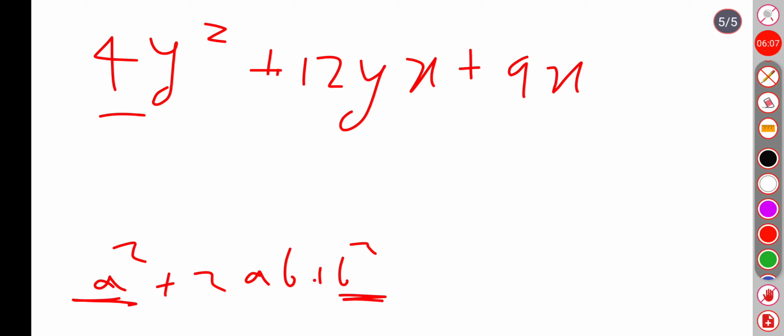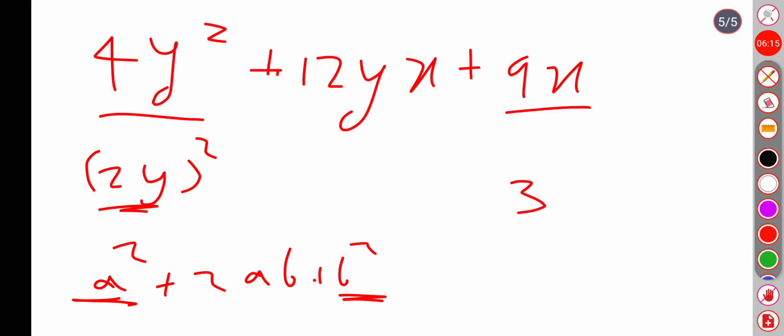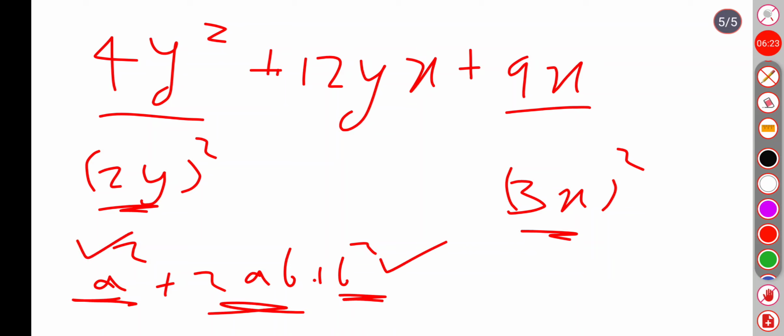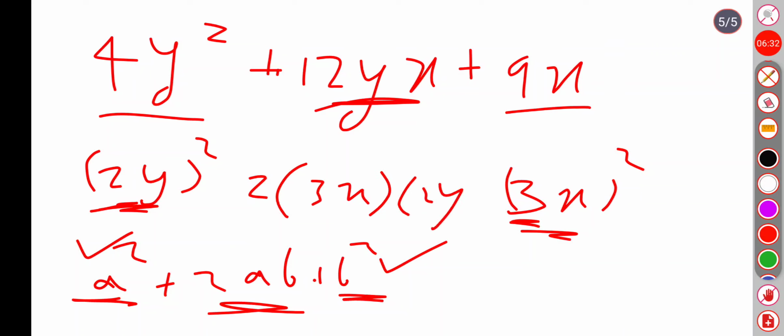So here we can see 4y square can be written as 2y the whole square, so that is a perfect square. 9x can be written as 3x the whole square, so that is also a perfect square. So that is correct and this is correct. Now 2ab, let's check if that comes. So here 3x into 2y, so it should be 2 into 3x into 2y. 2 into 2 is 4, 4 into 3 is 12, 12xy, it is correct.